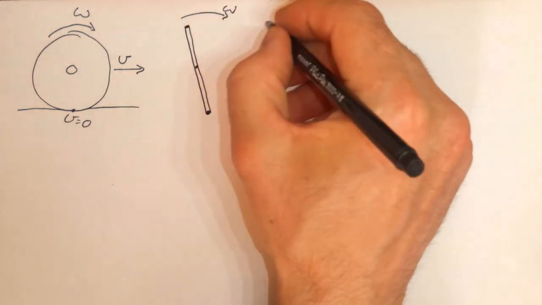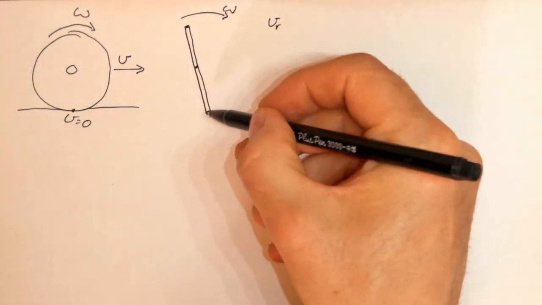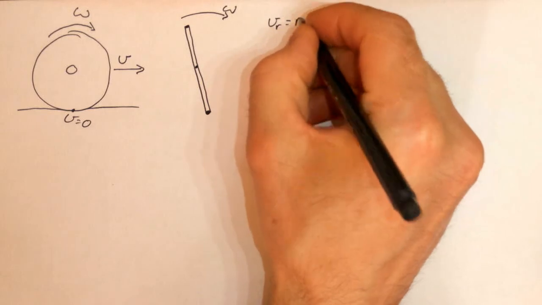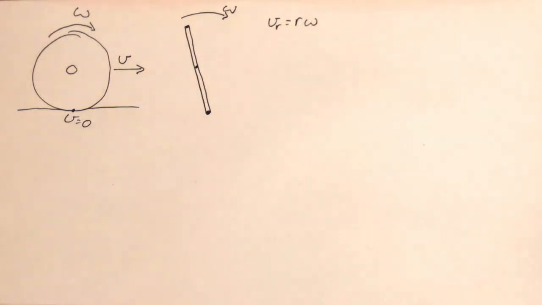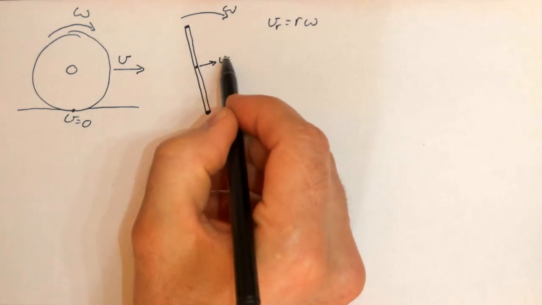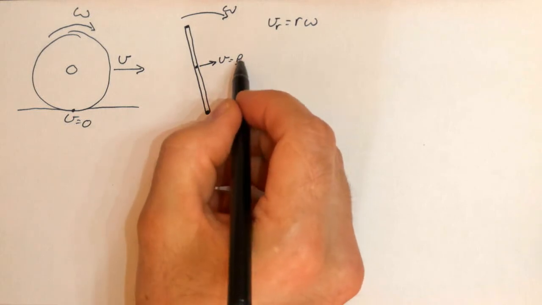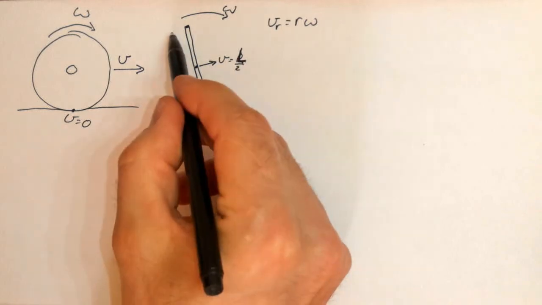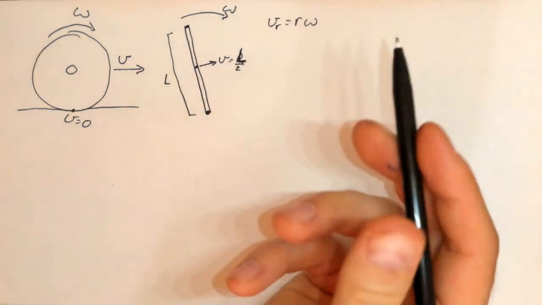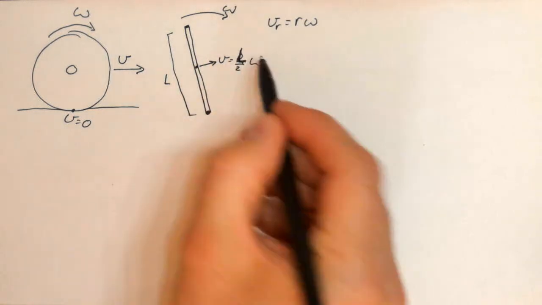Well, we know that the velocity at some point r, measured from the pivot point, is going to be equal to that distance from the pivot point times omega. That's a relationship we saw way back when we studied the beginnings of circular motion. So that means this point is moving with some v that's equal to L over 2, with this rod being length L. So that's the distance from the pivot to where I'm measuring that velocity times this omega.